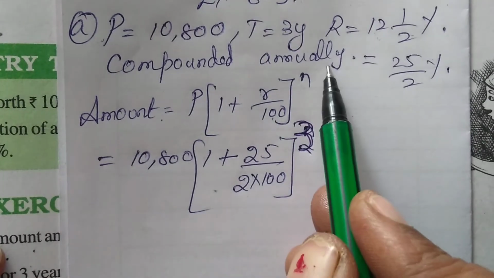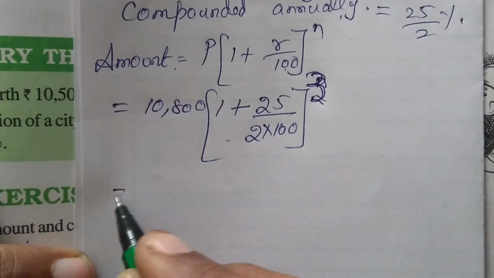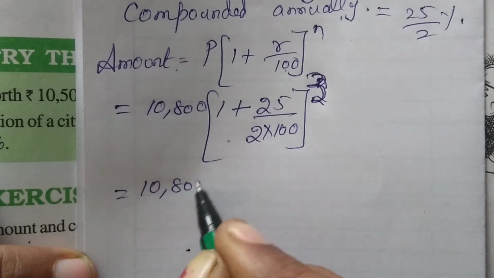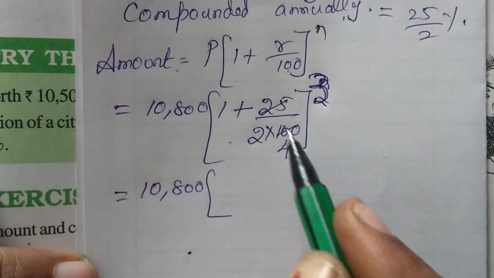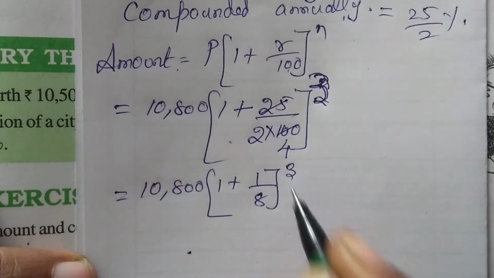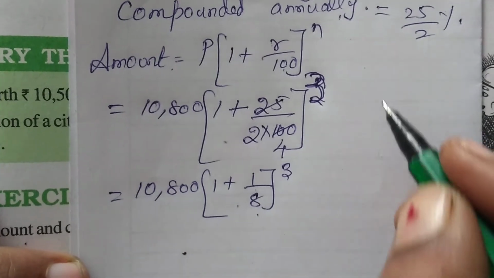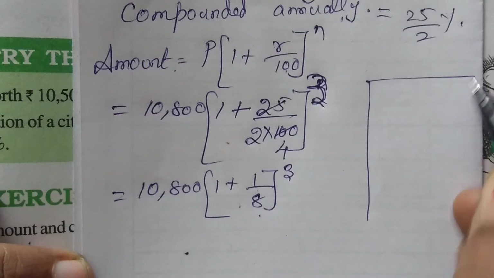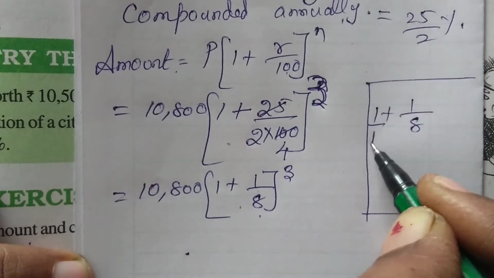Now let us simplify. This will become 10,800. 25 will go in 100 4 times. So we have (1 plus 1 by 8) to the power of 3. 1 plus 1 by 8, we can take LCM. I'll do it in rough and show you. 1 plus 1 by 8 can be written as 1 by 1 plus 1 by 8, where you can take 8 as LCM.